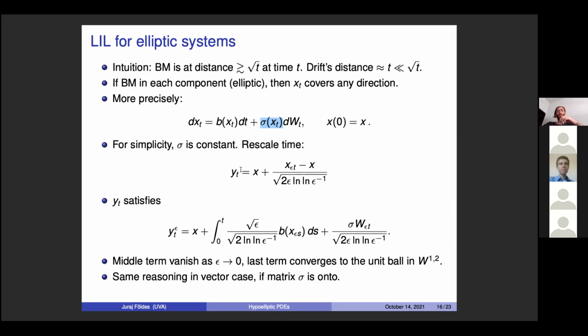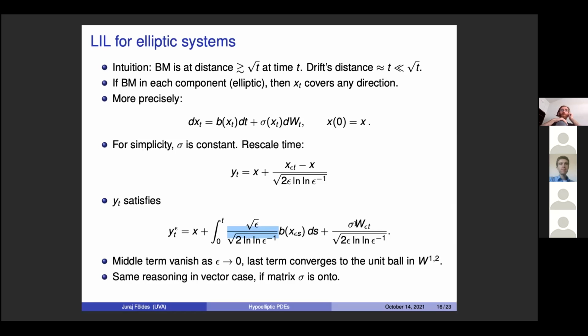Then it's easy to see that this y satisfies this equality. And now look, this fraction is going to 0 because I have square root of epsilon going to 0. And here is the log of epsilon, which is also going to 0, but unfortunately the square root of epsilon is much stronger. So this term is going to be killed.